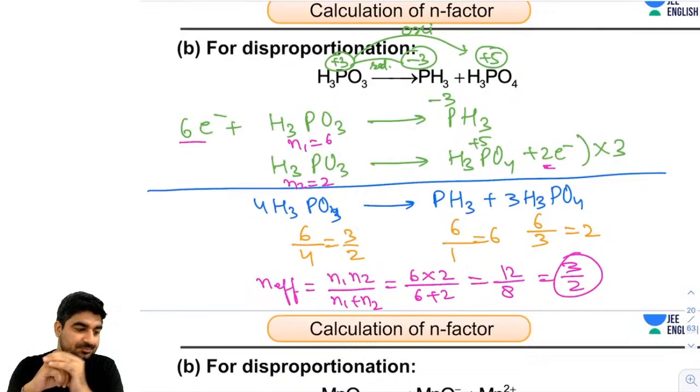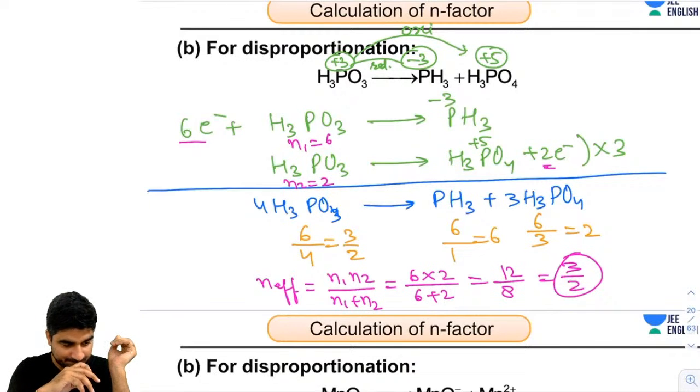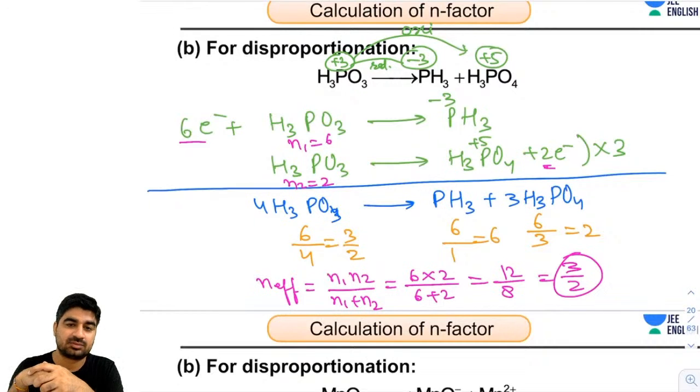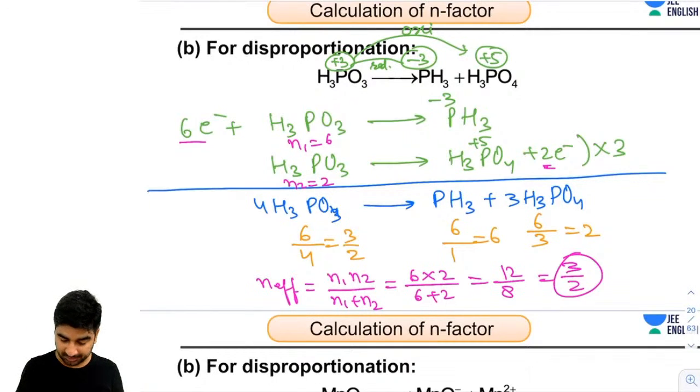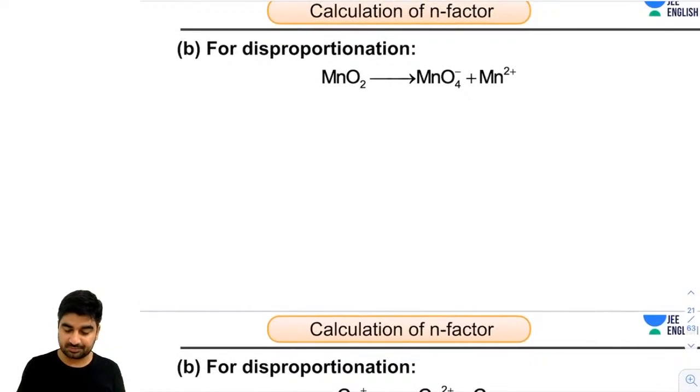Yes, tell me now. Any doubt? No doubt? Okay. Now let's do this. Let's see this time. Yes, guys, every one of you should solve it correctly. Yes, I'm waiting. Do the calculation of n factor for each. Do it.